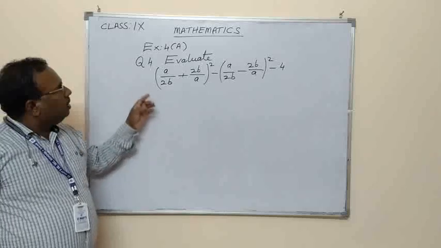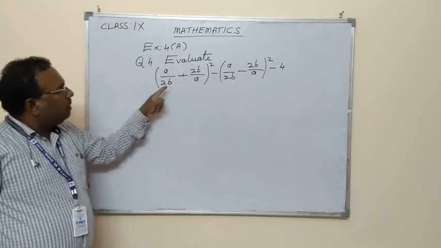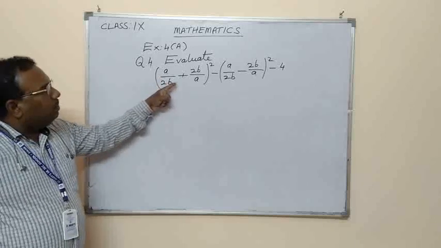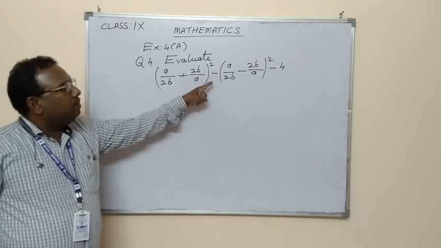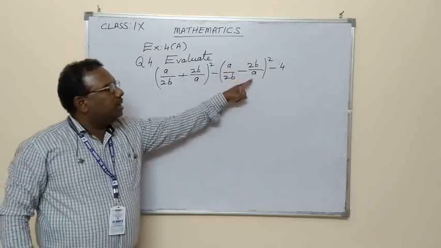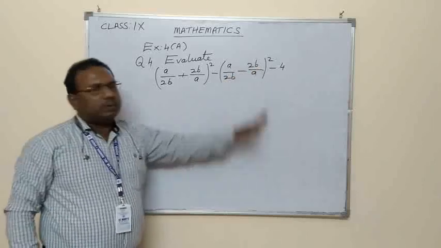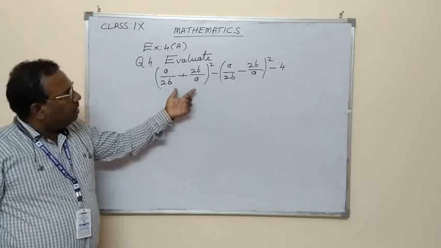Once more, question 4, evaluate (A divided by 2B plus 2B by A) all square minus (A divided by 2B minus 2B by A) all square minus 4. It is clear from this question.